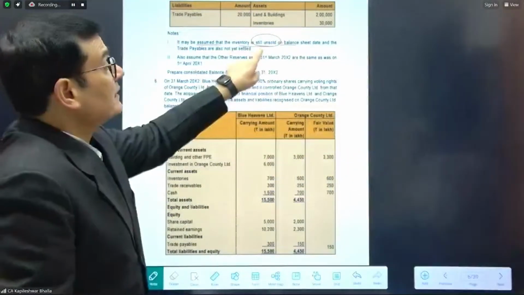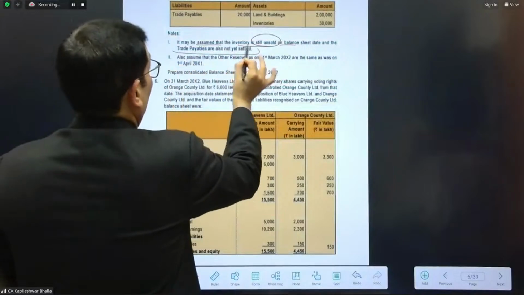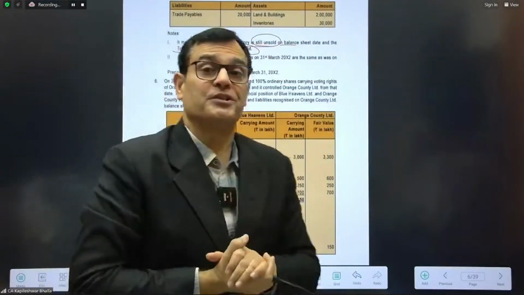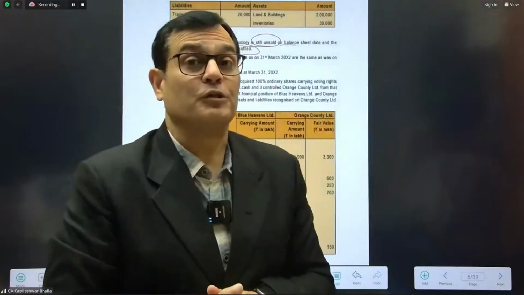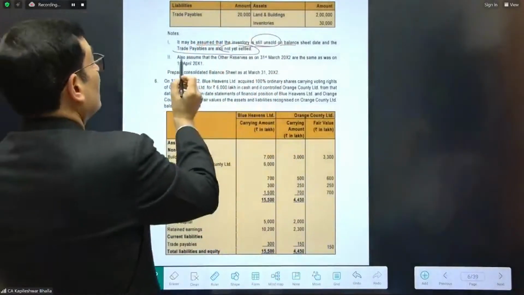When I make a consolidated balance sheet and increase the inventory because of this fair value increase, that means it is still unsold on the balance sheet date. And the trade payables are also not yet settled because I'm going to incorporate the fair value changes of inventory and of trade payables in the consolidated balance sheet as well.